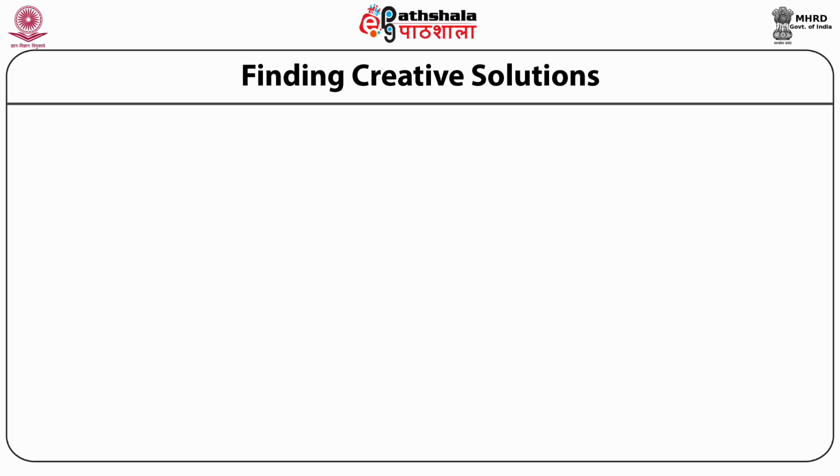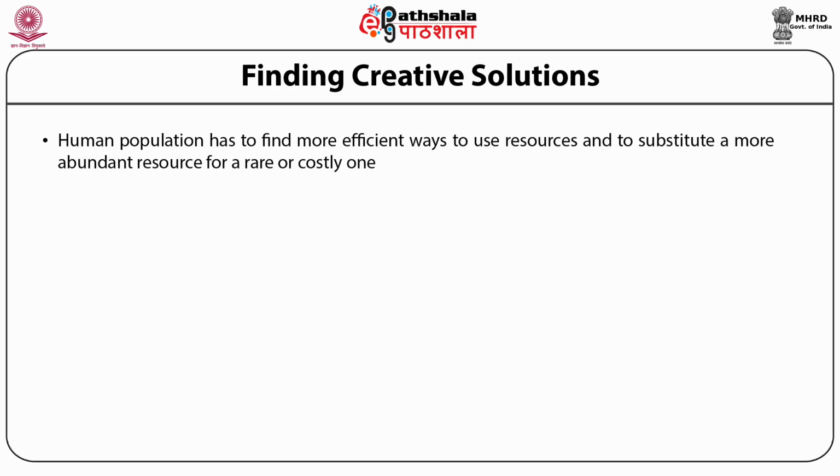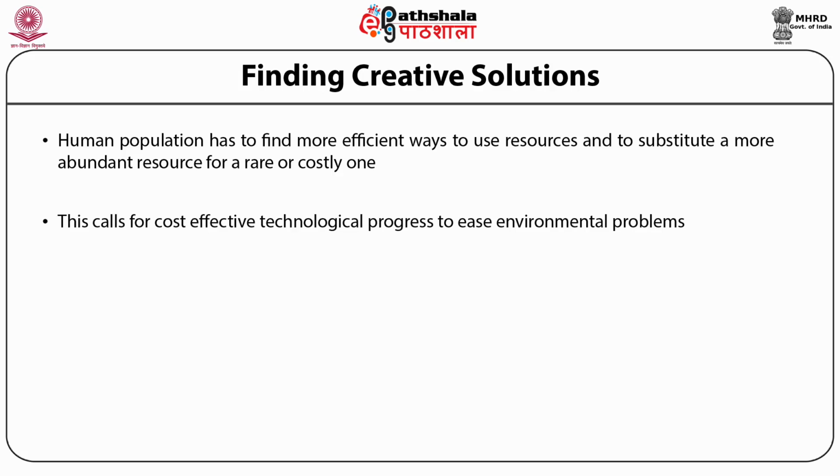Finding creative solutions. Human population has to find more efficient ways to use resources and to substitute a more abundant resource for a rare or costly one. This calls for cost-effective technological progress to ease environmental problems.